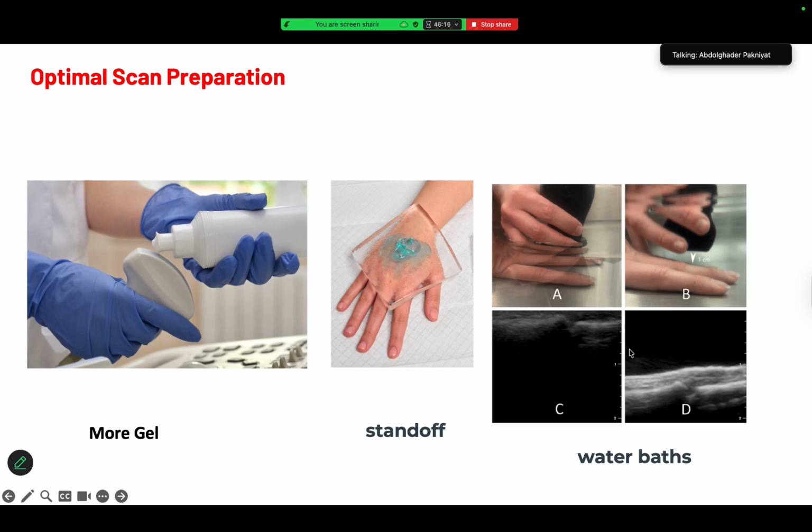Or if you want to scan very tiny structures like toes or fingers, you need to use a water bath. We just hold the body part, the hand for example, or foot under the water and do the point of care ultrasound at a distance of 1 centimeter over the toe or finger, so we can have better images and don't miss any abnormal finding.